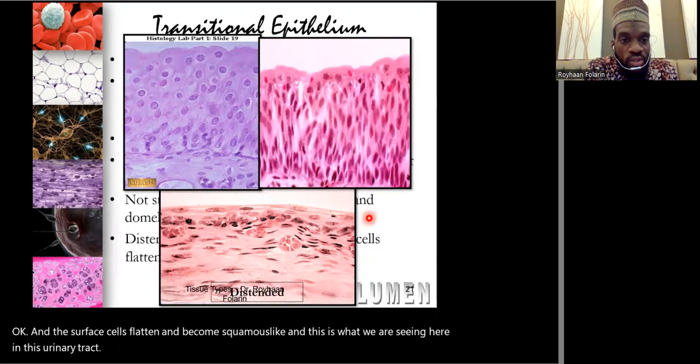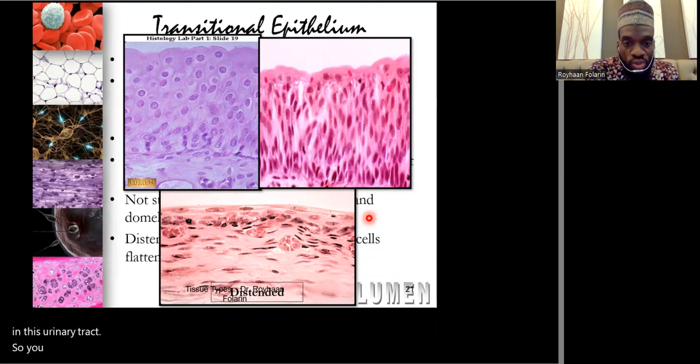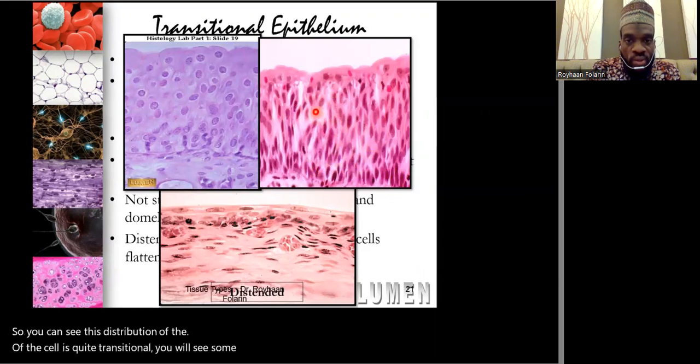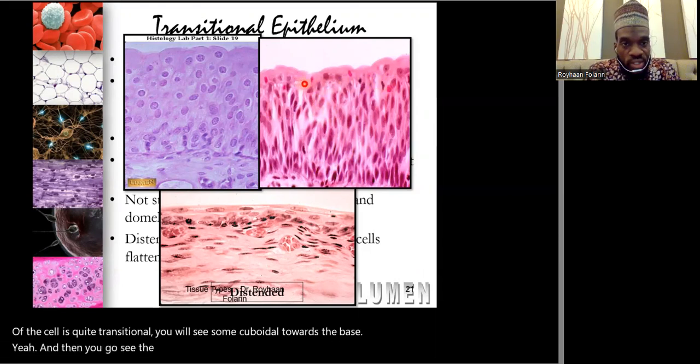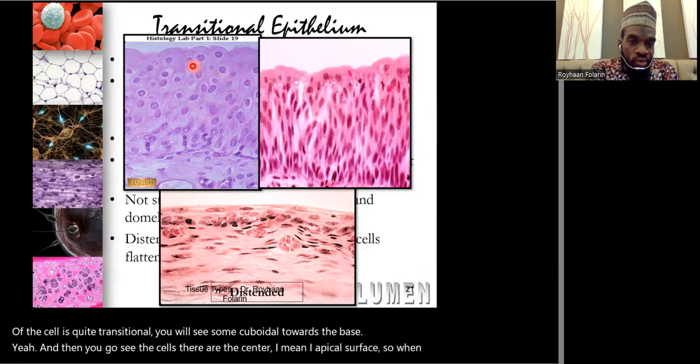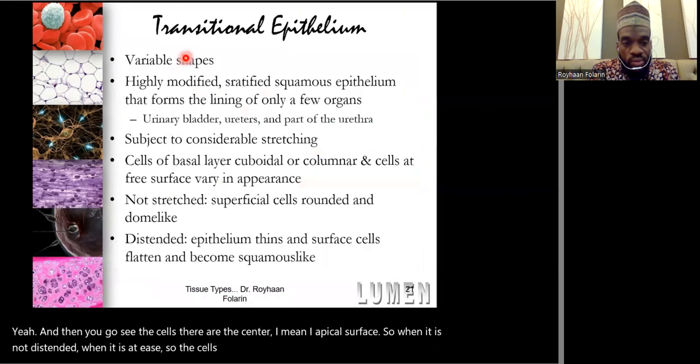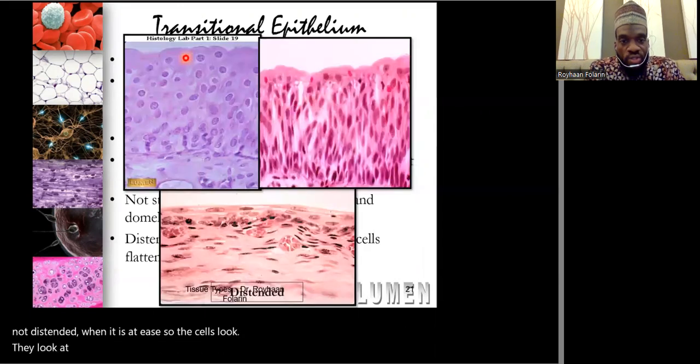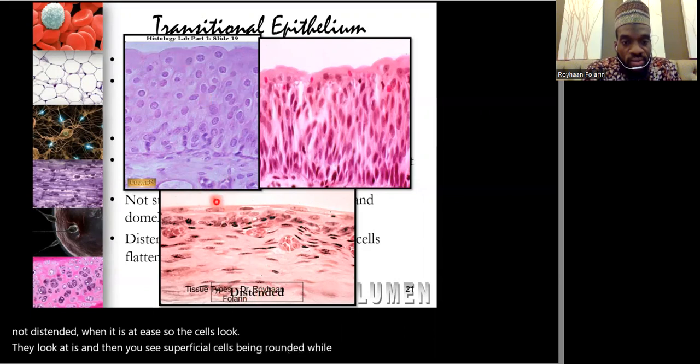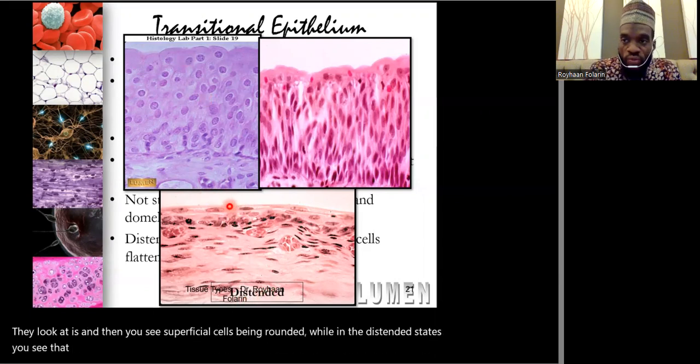You can see this distribution of the cells is quite transitional. You can see some cuboidal towards the base, and then the cells at the apical surface. When it is not distended, when it is at ease, you see the superficial cells being rounded. While in the distended state, you see that the cells are beginning to flatten out.